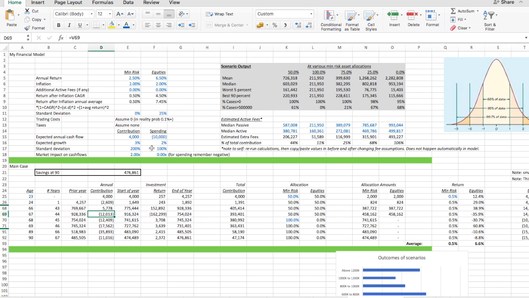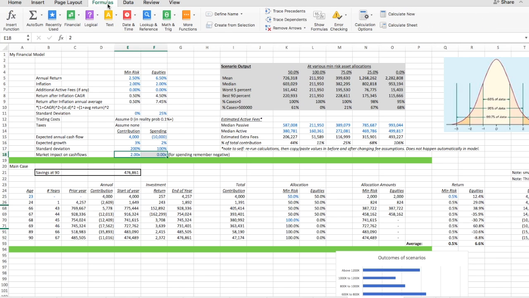But then also our contribution and spending pattern, we've said we expect it to be a certain amount, but we also appreciate there's a lot of randomness around how much we'll actually be able to contribute or need to spend, and then also that there is an impact of the market on our spending and contribution. So now I think we're getting to the point where the model accomplishes a fair bit.